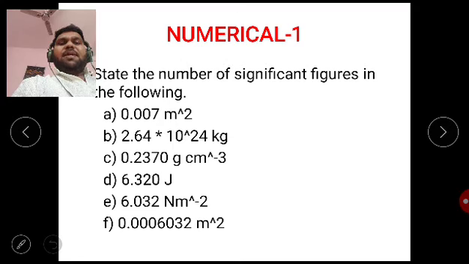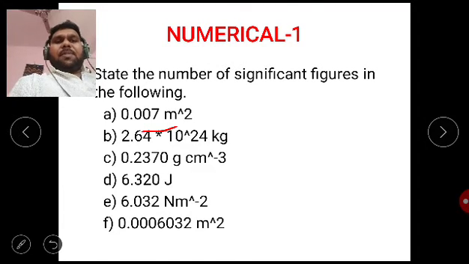So here we are having two zeros before the first non-zero digit comes. So these first two zeros will be considered non-significant. So here in 0.007, two zeros after the decimal point will not be significant. So we will be having only one significant figure, that is 7. So number of significant figures will be 1.